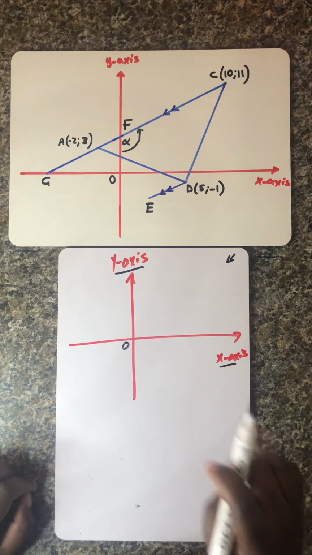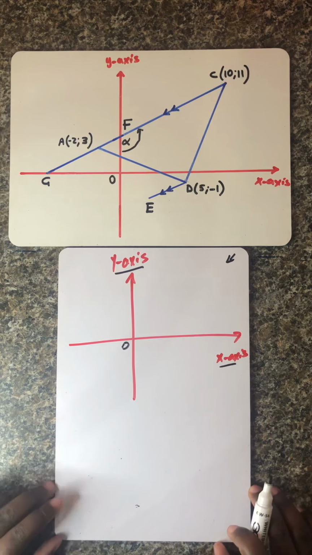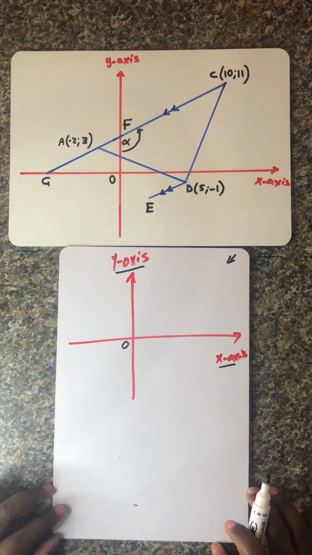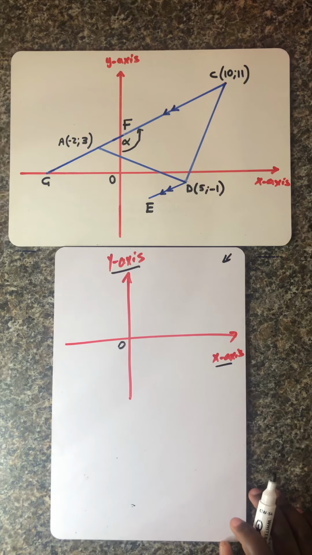But in this case, remember guys, this chapter is for paper 2, which is analytical geometry. So ladies and gentlemen, it's going to be a very interesting lesson where we'll be calculating the gradients, determining the equations of some lines, and again calculating the angles.